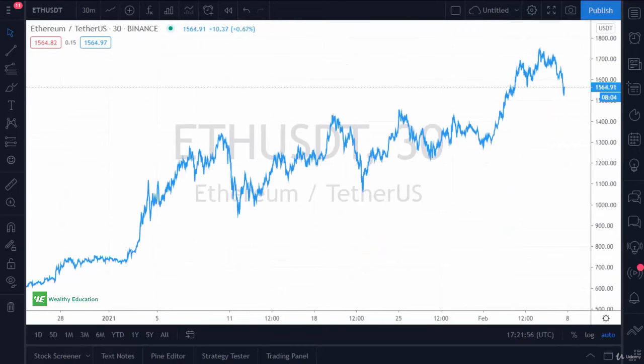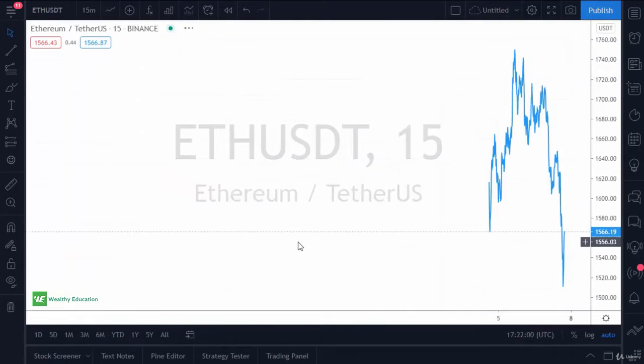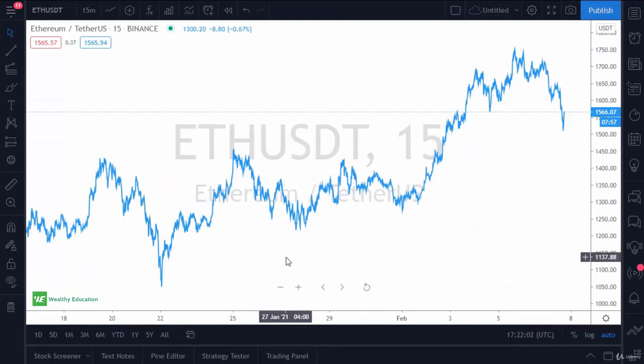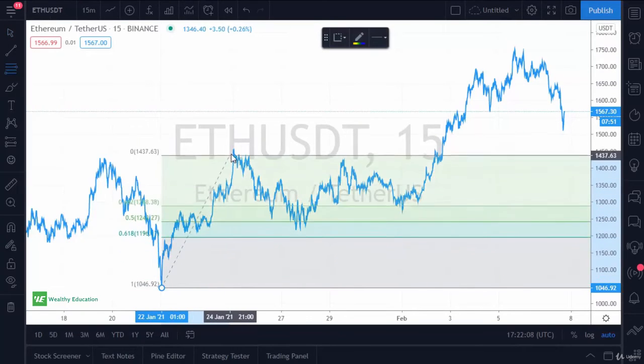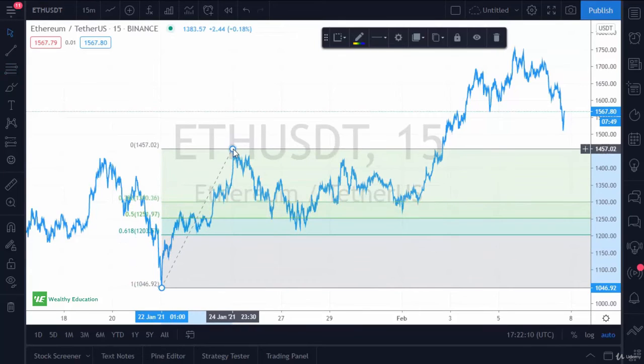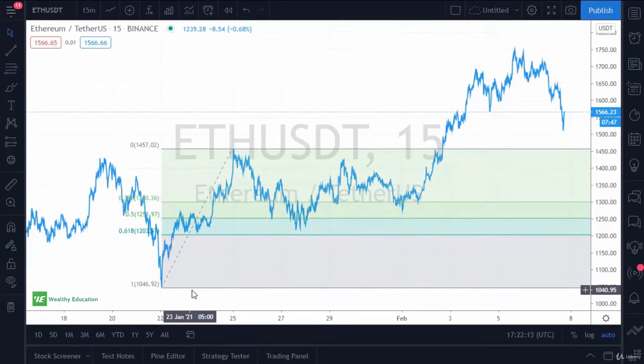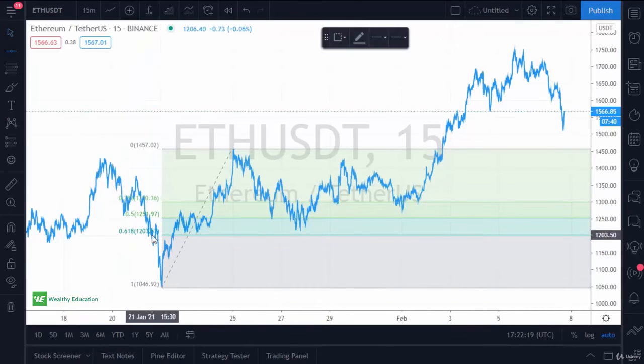Now, here on Ethereum, we can use short-term charts as well to look for trades. So let's go back to the fib retracement. You can see this is clearly a swing low. And we rallied here and pulled back. Well, here's another thing that you will want to look for.